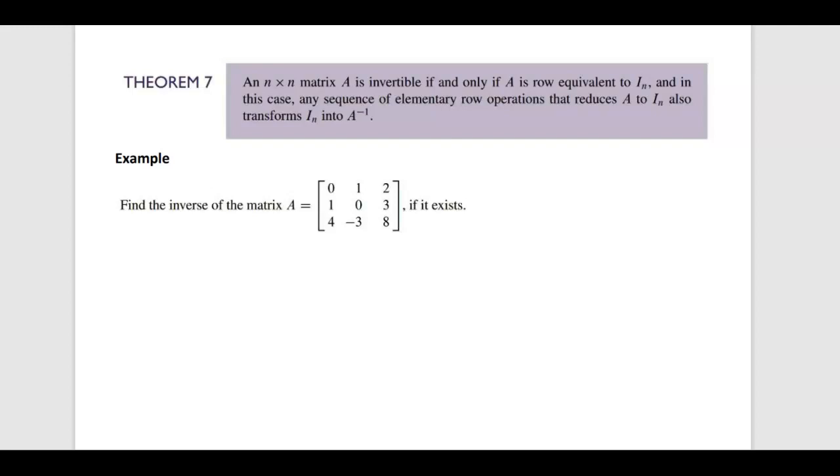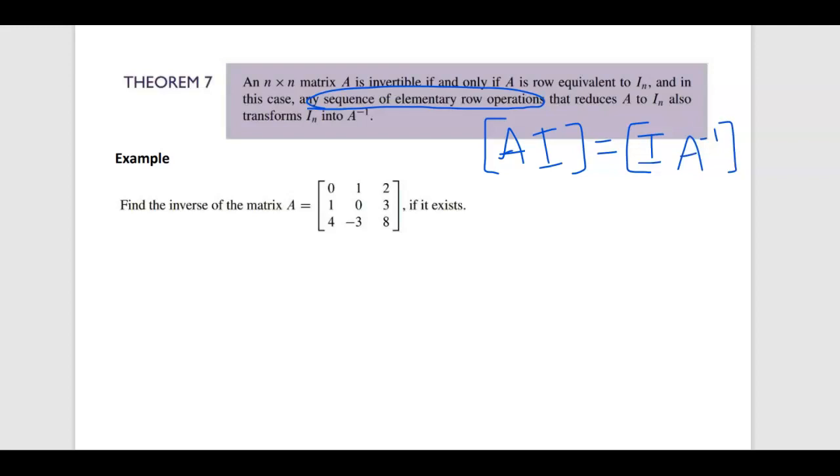What you're going to do is take A and augment it with I. Then you're going to do the sequence of elementary row operations that get A to be the identity matrix. And when you do that, you're going to end up getting the inverse on the right-hand side.